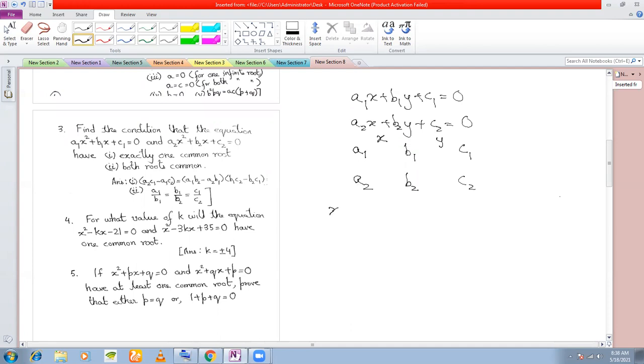So when we are taking x here, you multiply these two, so a1 b2 minus a2 b1. When we were writing y here, we write y with a negative sign, if you remember.